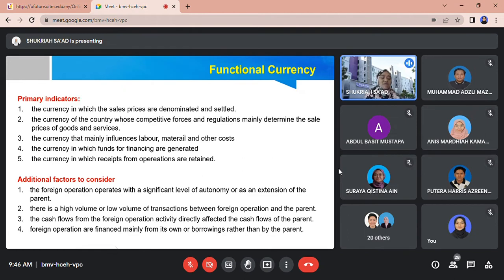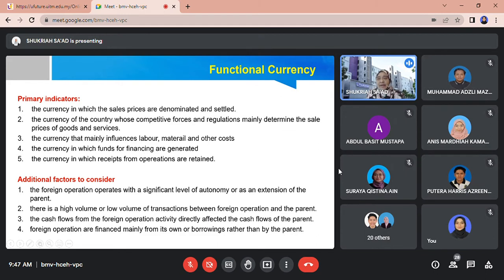How we going to determine the functional currency? By looking at the indicators. So the standard MFRS 121 dah provide indicators that has to be considered. Number 1, dipanggil primary indicators. Kalau look at here, number 1, number 2, dia punya fokus ni dekat sales price.